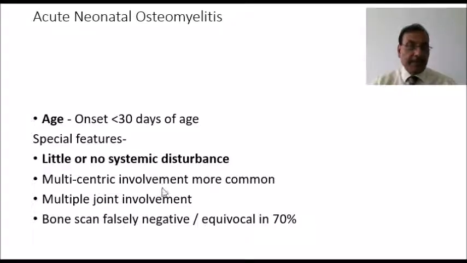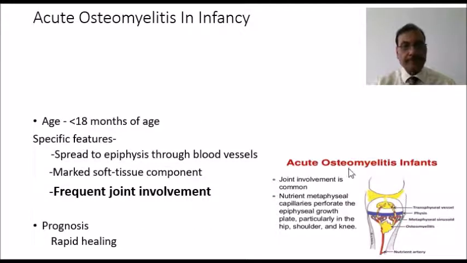The involvement of the infection can be multicentric, and if a joint is involved, it could be multiple joint involvement. And when you do a bone scan, it can be falsely negative. So it is really a difficult situation for doctors and orthopedic surgeons to diagnose the case.